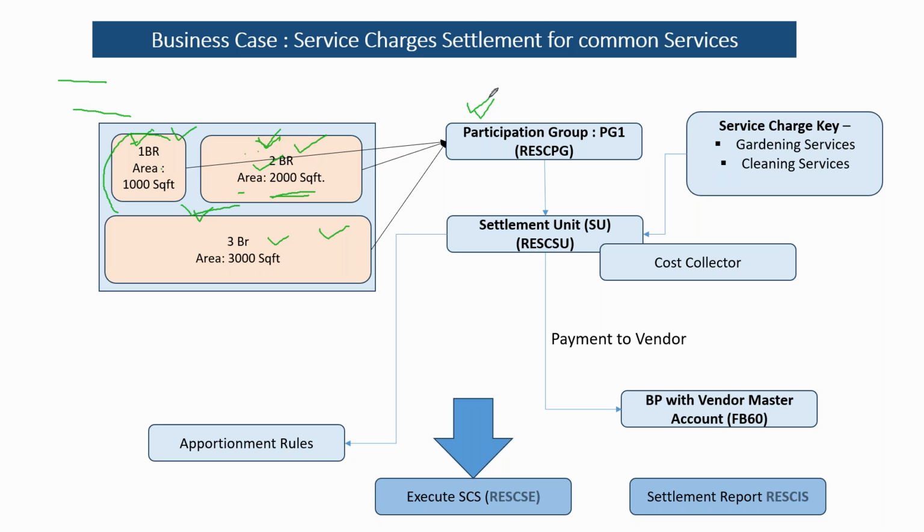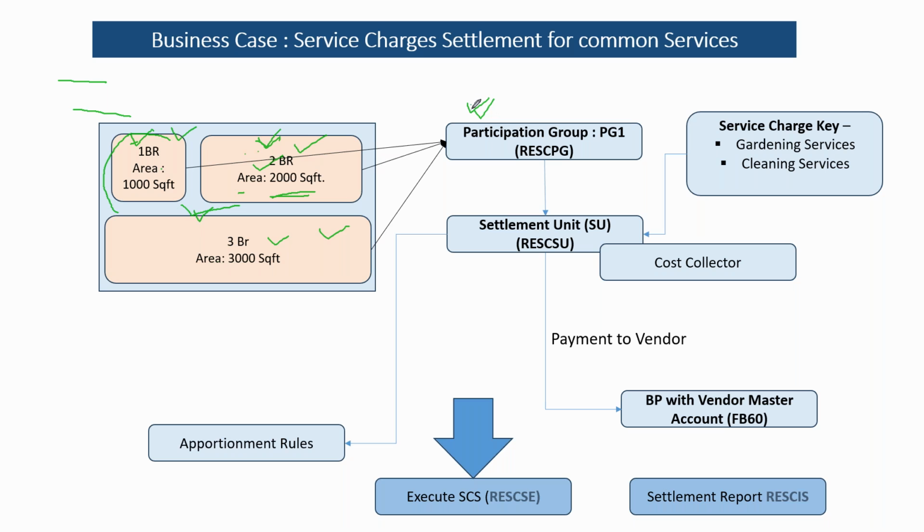This may be a building, a rental unit, or a pooled space, and accordingly we need to assign it to the participation group. If you assign a building to this participation group, whatever rental units we have within that building will also be assigned automatically.